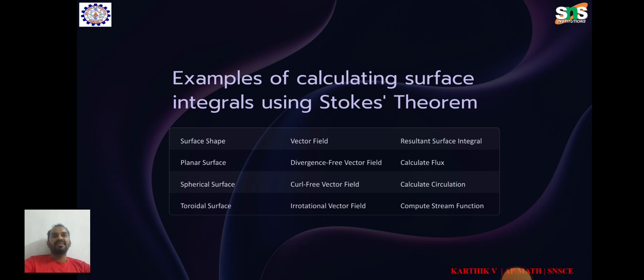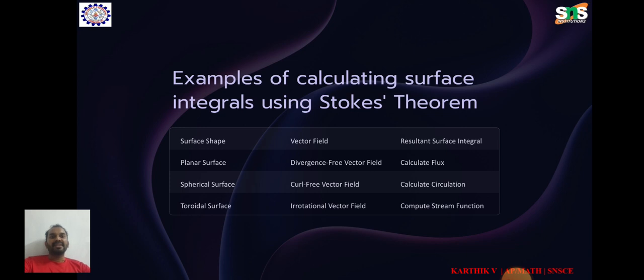Examples of calculating a surface integral using Stokes theorem. Let us consider a vector field F of x, y, z equal to z, y, x over the portion of the unit sphere S defined by x squared plus y squared plus z squared equal to 1.